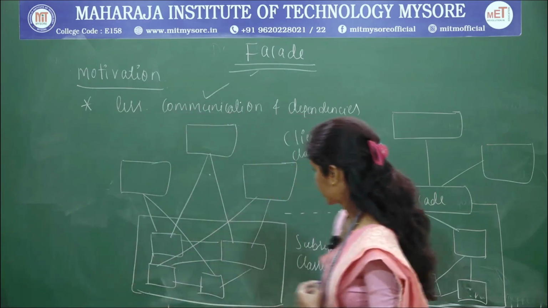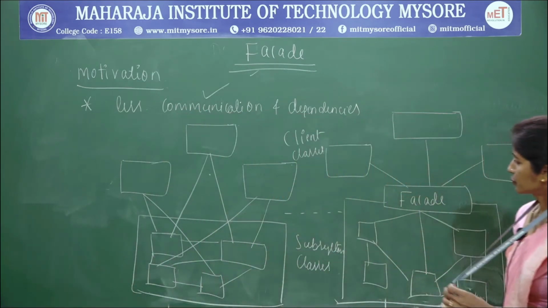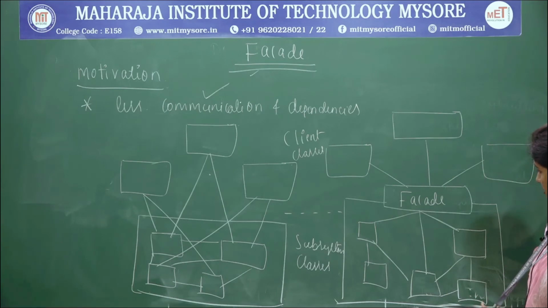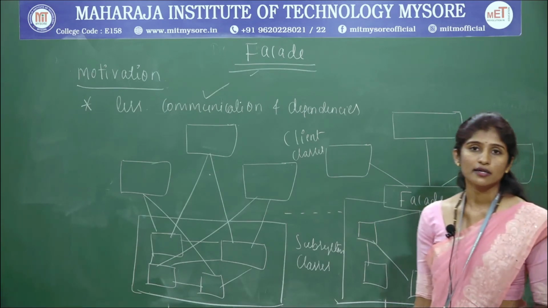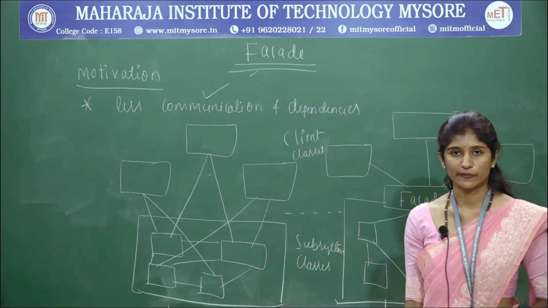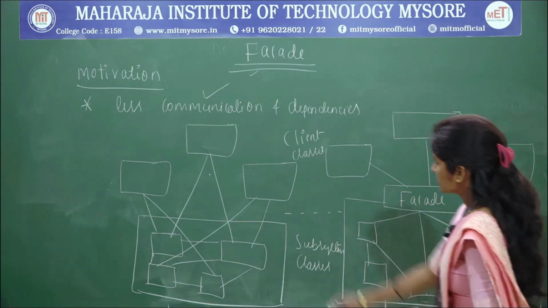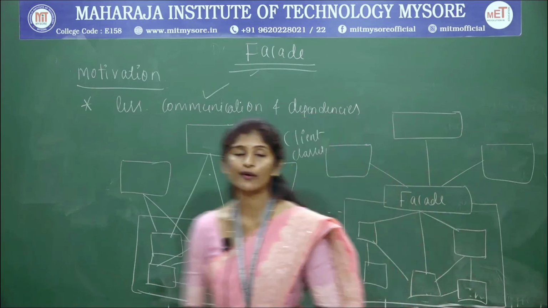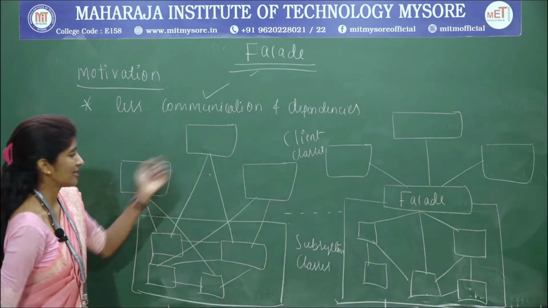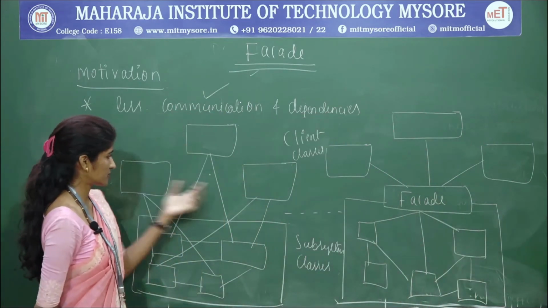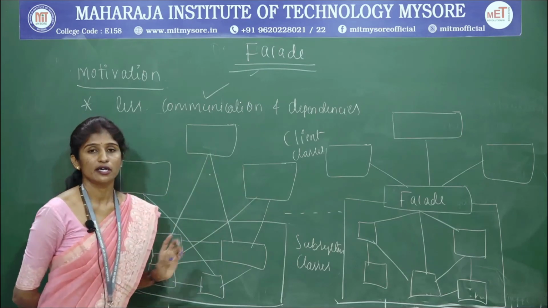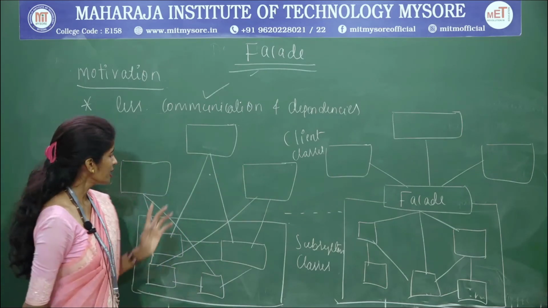You can just go through this diagram. If you understand it, I think there is no need for explanation. The diagram is very clear. In the first diagram, you have got the client classes. These boxes are nothing but the representation of classes.